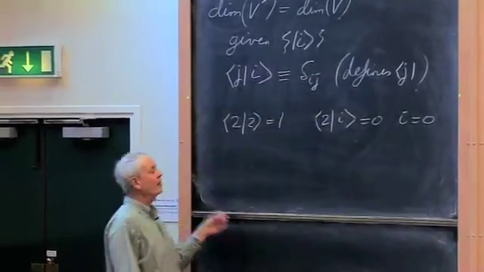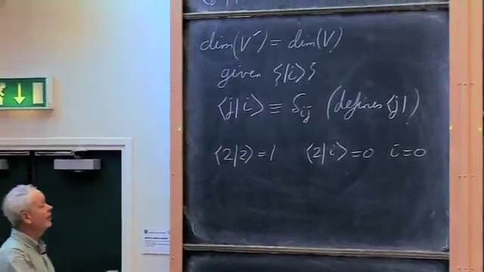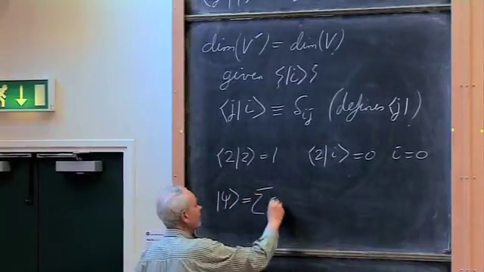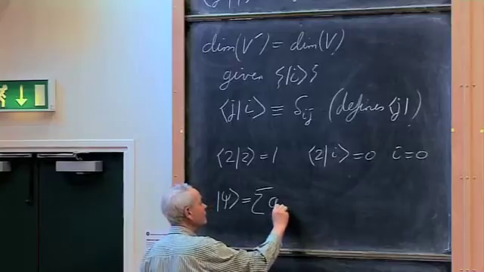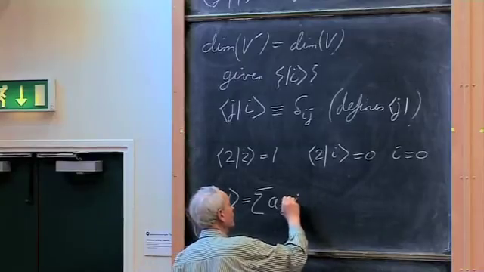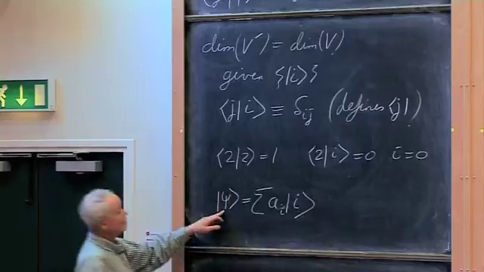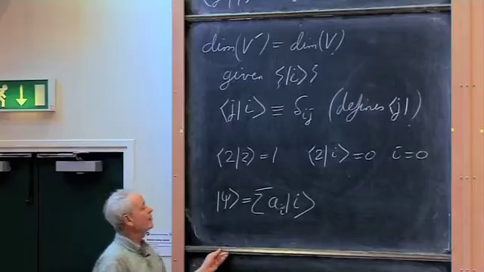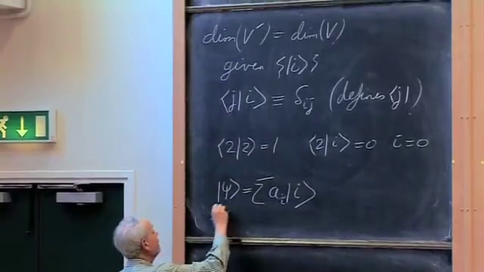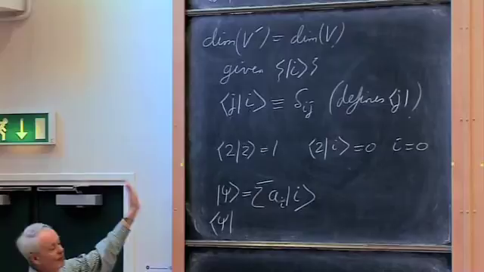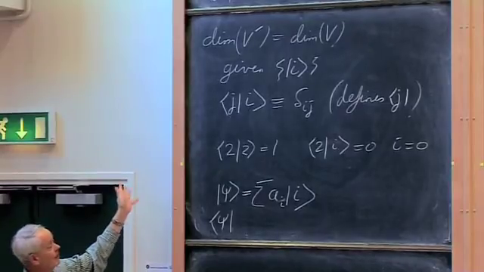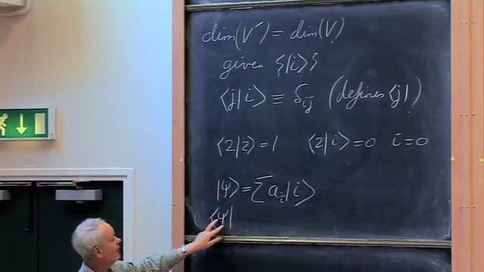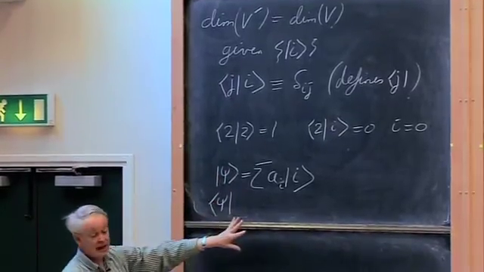So there's one final thing that we want to do in this abstract area. Supposing that psi is equal to the sum of a_i |i>, so we take a state of our system, and we have it as a linear combination of the basis states. Then we define a function. This is the funny part. So far, I hope everything's been fairly straightforward. But now I'm saying, associated with the state of our system, I want to define a function on states.